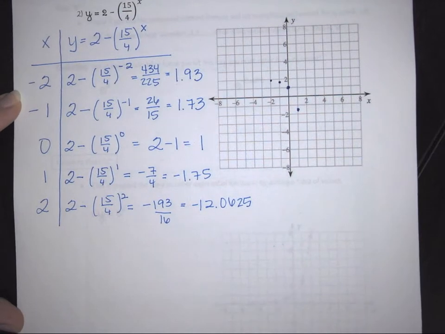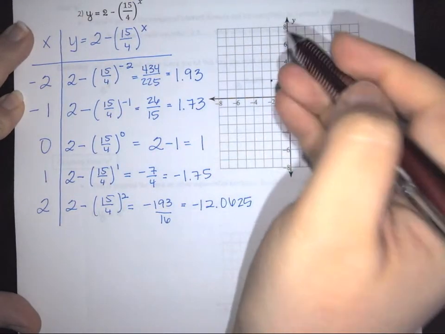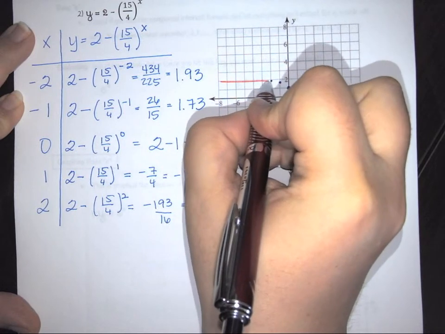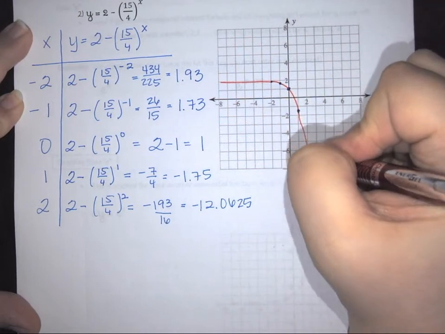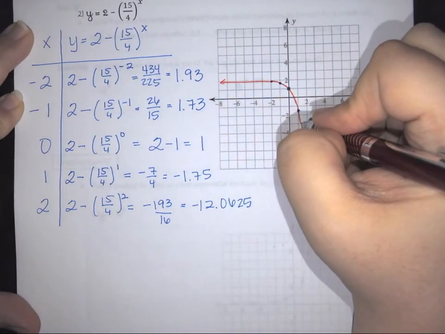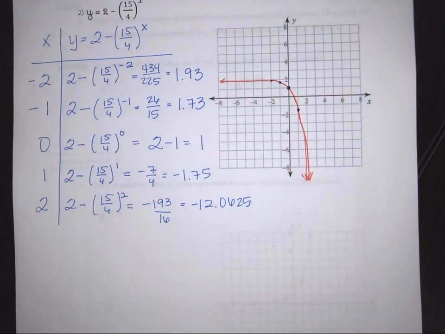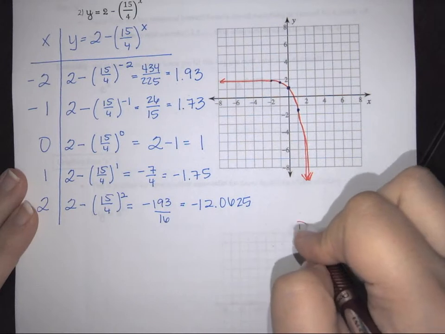So what you're going to notice here is that this graph is actually curving towards the 2. So it's going this way, and then it curves around and shoots down really fast. Okay. And so that is the graph that we have for there. In this graph, if you look at it, we are actually decreasing.